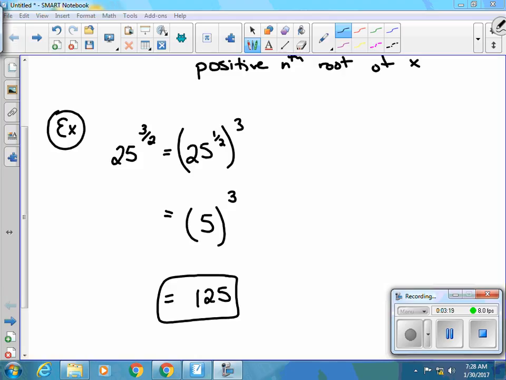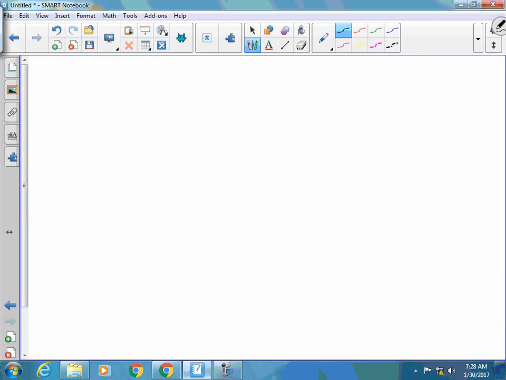Sometimes the exponent, though, will be applied to a number and a variable. So let's say, for instance, that I have 4x to the power of 8, and that's all to the power of 5 over 2. So what I'm going to do is I'm going to break down that 5 over 2.